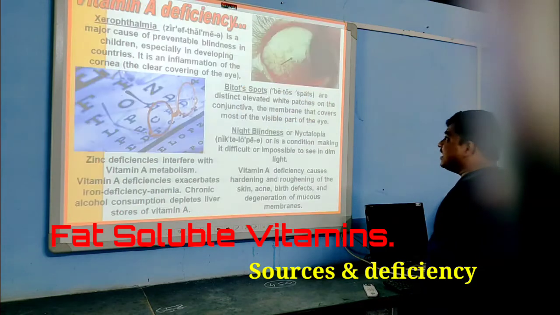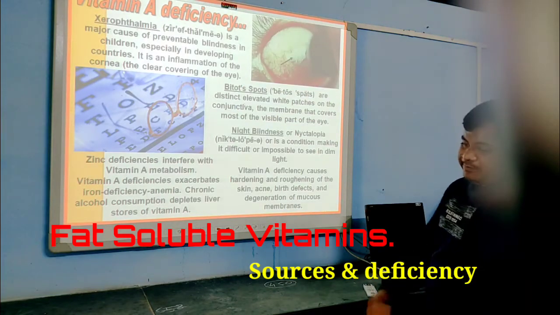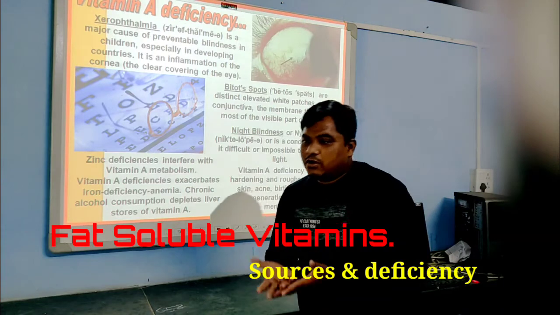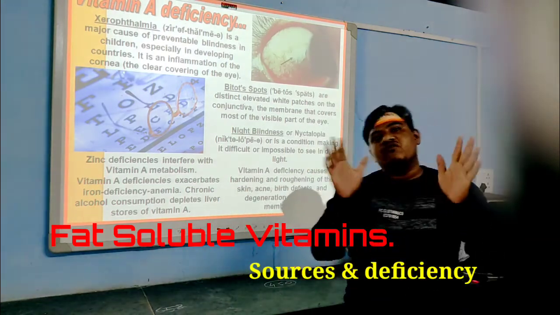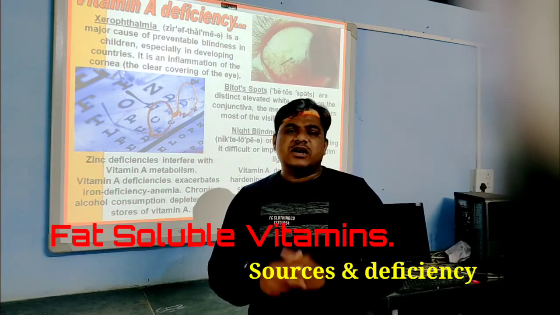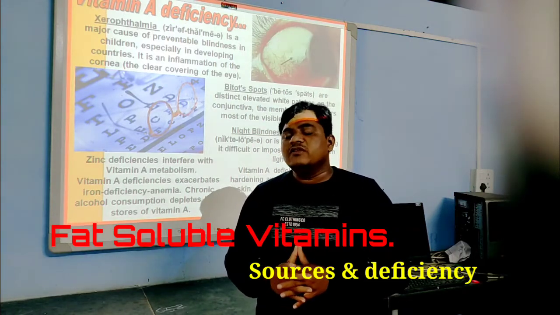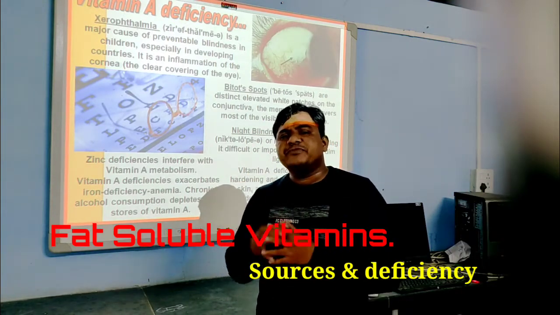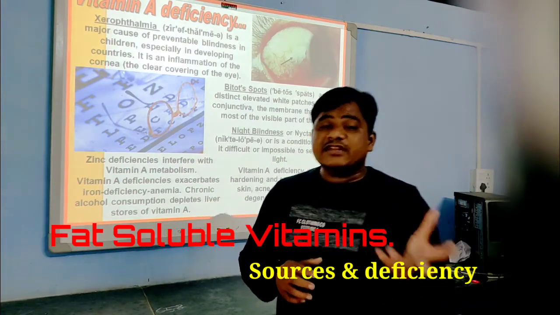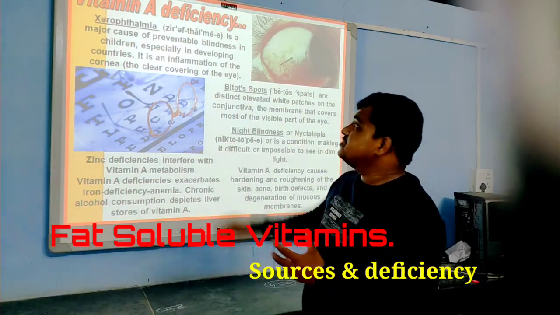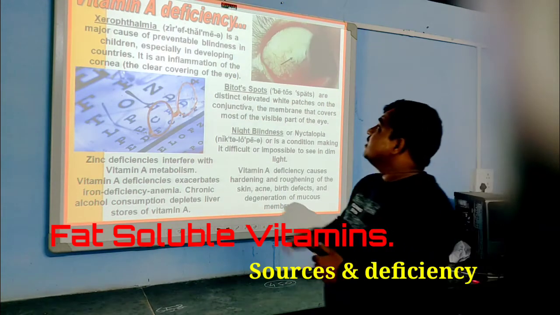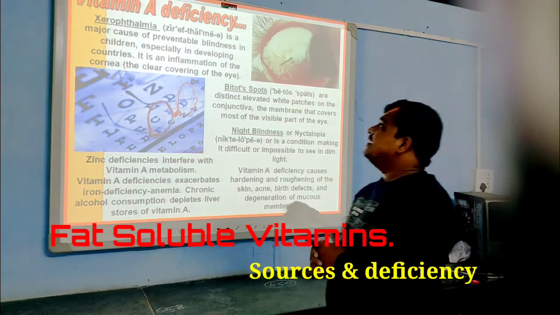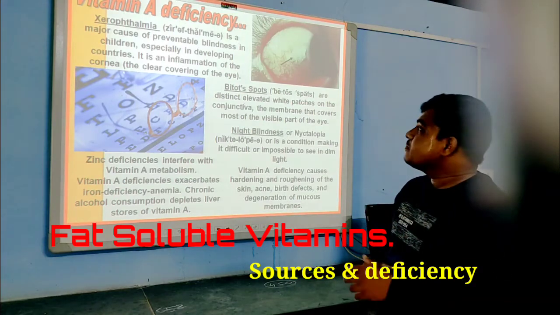So this is the overdose of vitamin A. Now we move towards the deficiency of vitamin A. What are the deficiencies, what defect is there if we fail to take this vitamin? A number of deficiencies.